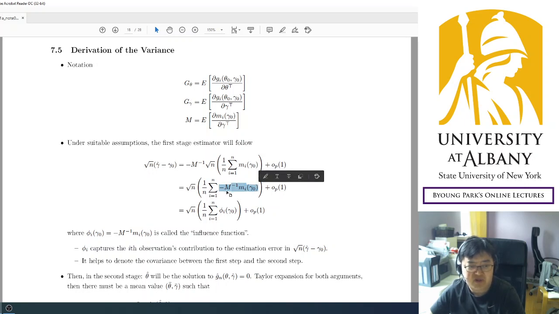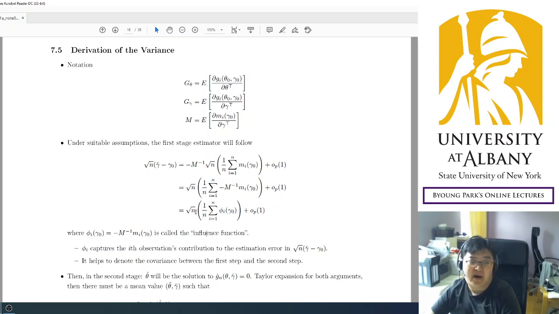So sample average of this multiplied by square root n, and we will write this part as phi I. So this is a function, M inverse times small m_I at gamma 0, which will be simplified to phi I of gamma 0. So phi I will be called the influence function, and as you can expect, we are going to apply the central limit theorem for this.